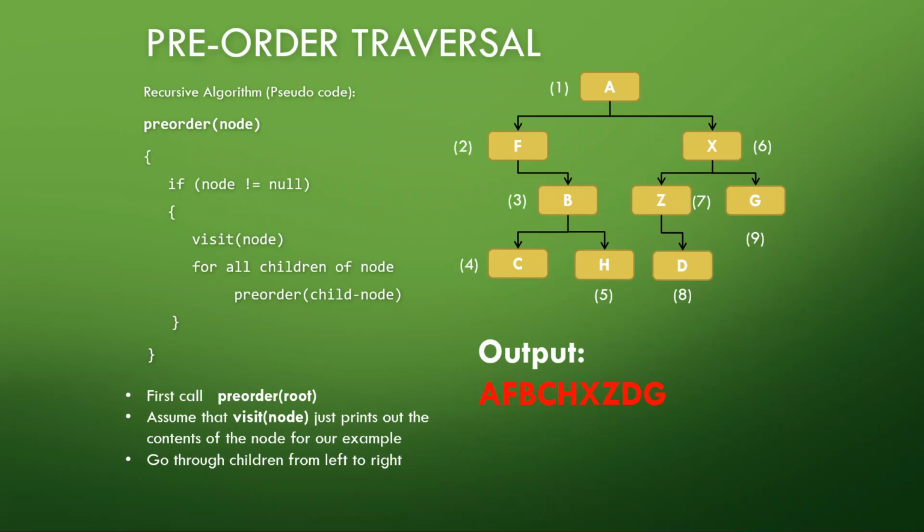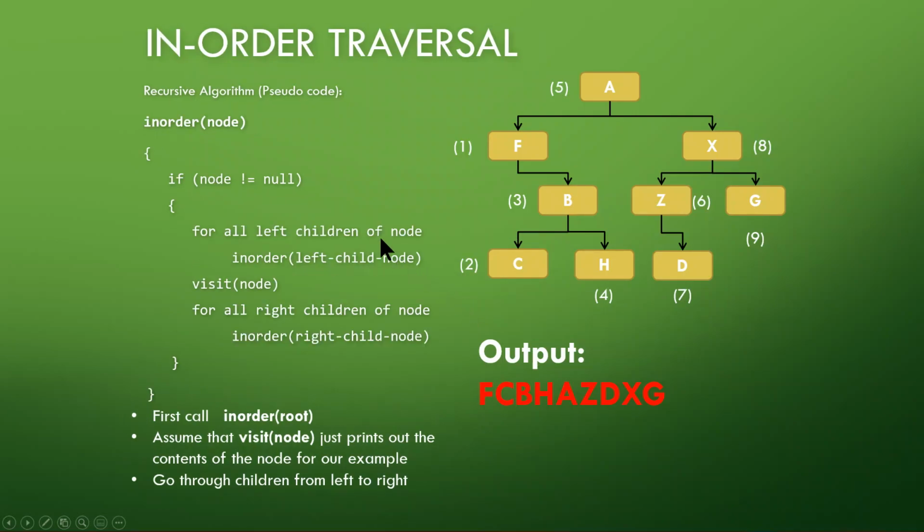So these slides quickly show the algorithm. The idea of pre-order is that you do the action first and then visit the children, and this does it recursively. Versus in-order, which goes through all the children to the left, then does a visit, then all the children to the right.